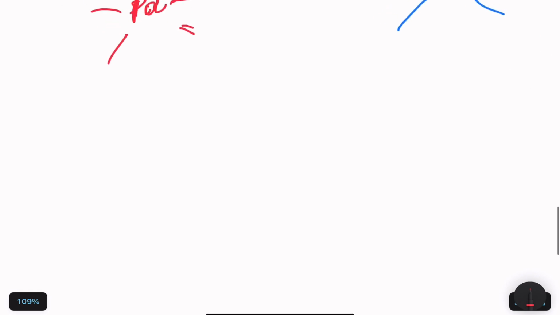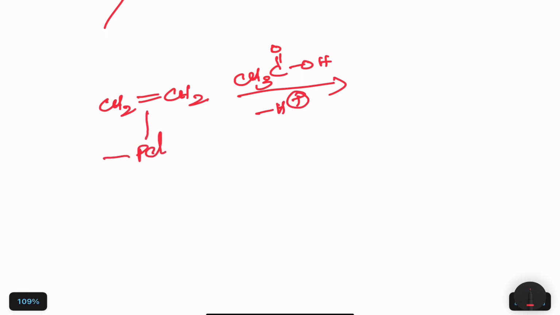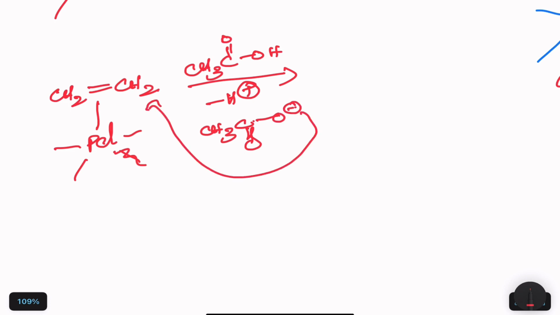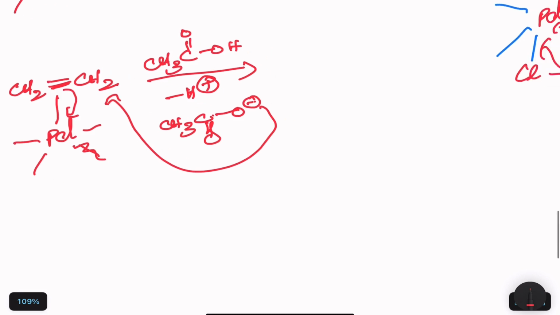So let's move on to acetic acid. What about acetic acid? At what step will it reach the product, meaning CH3COOH? Here the H plus will be removed, right? So consider this is palladium. The H plus is removed, and the CH3COO minus will go and attack this carbon, and these 2 electrons will come and attack this palladium.